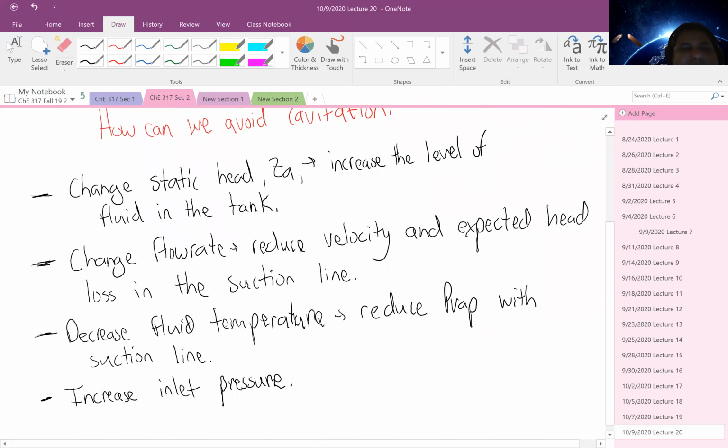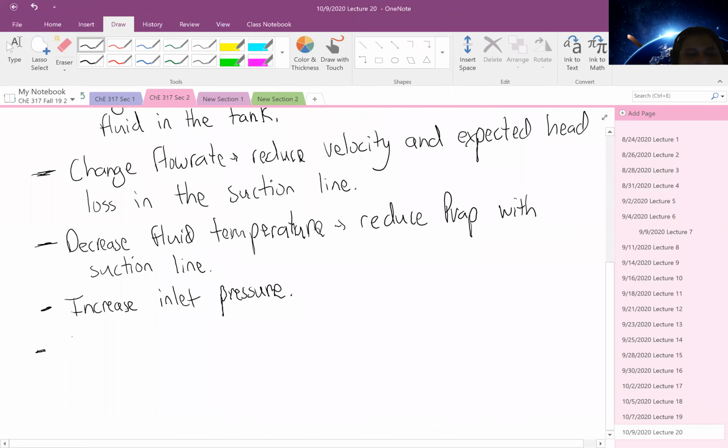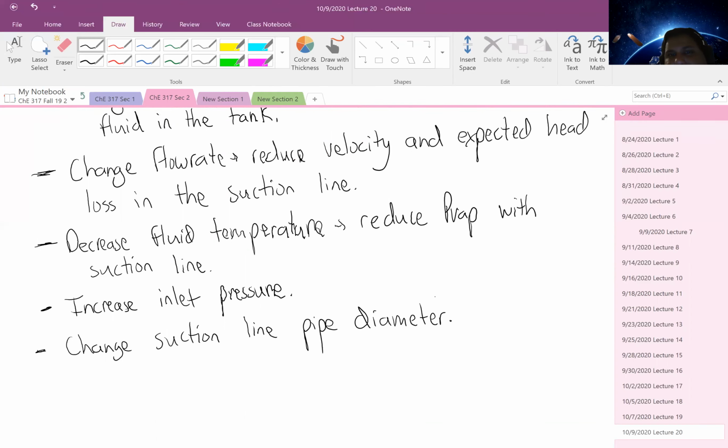The last thing that you may or may not be able to do is consider changing your suction line pipe diameter. This will also decrease your flow velocity and your expected head loss without having to manipulate your flow rate.